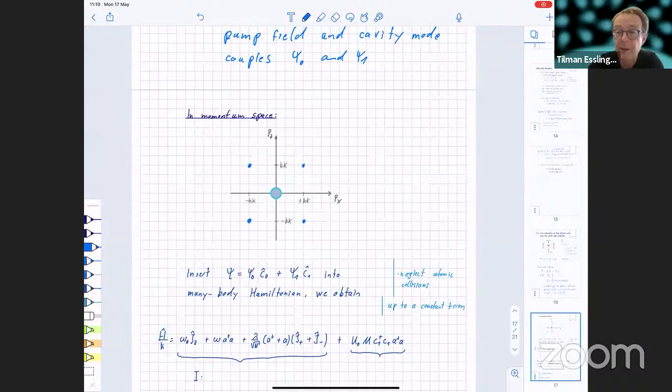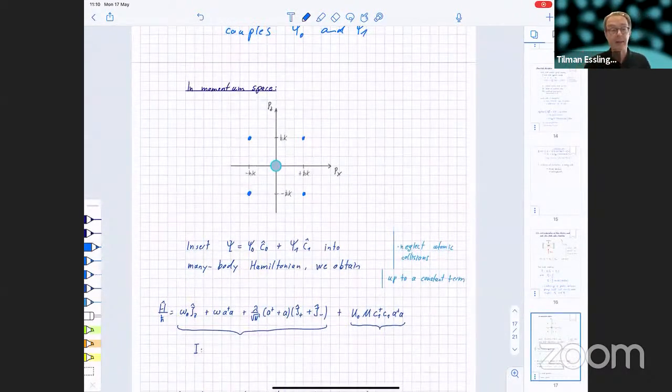And now you can also imagine that that will give a density pattern. So you have the momentum 0 state, and then on top you have this psi1 state, and that gives a density pattern. And in real space, you will see that you actually do Bragg scattering of this refractive index pattern.